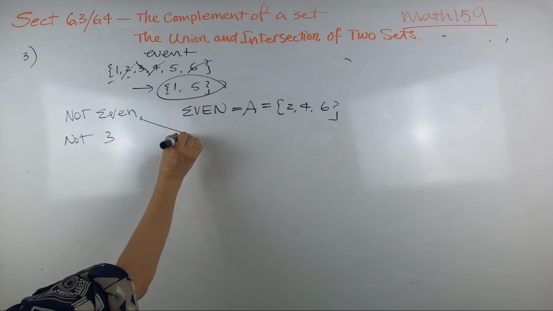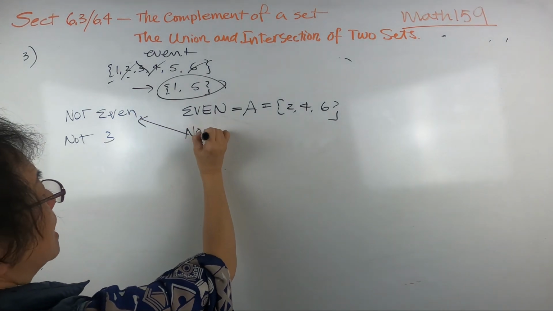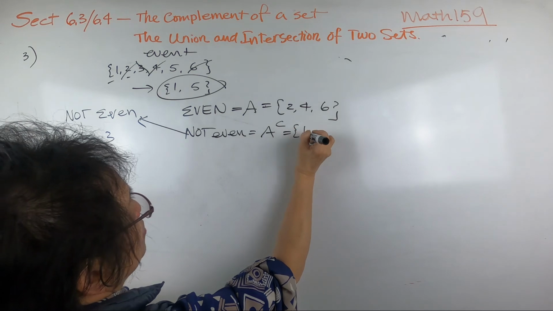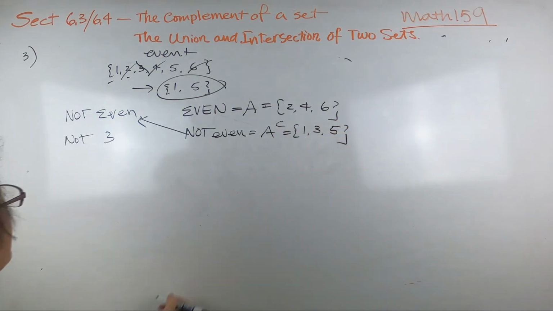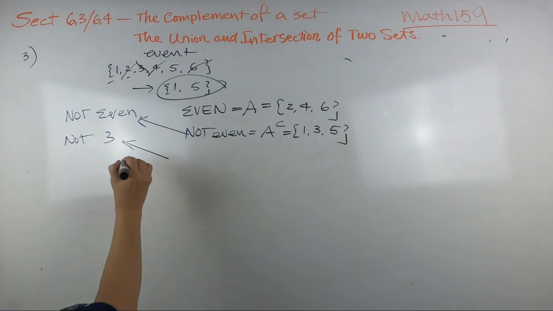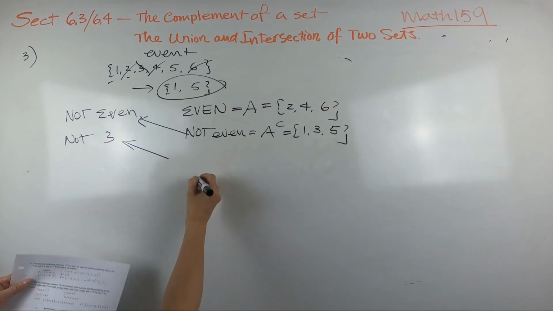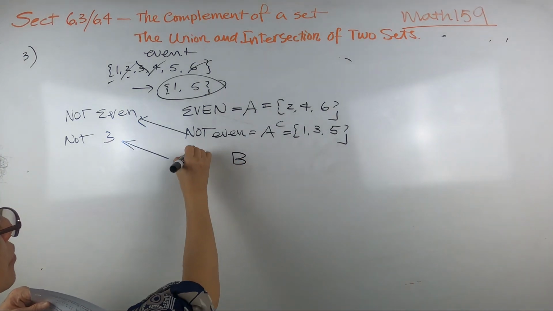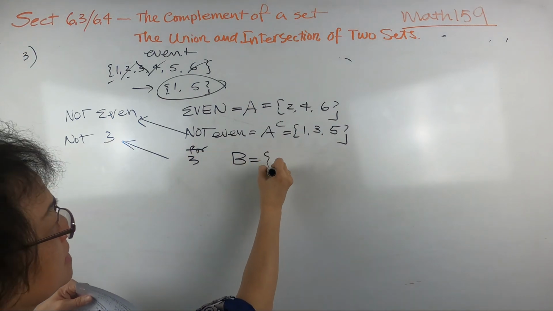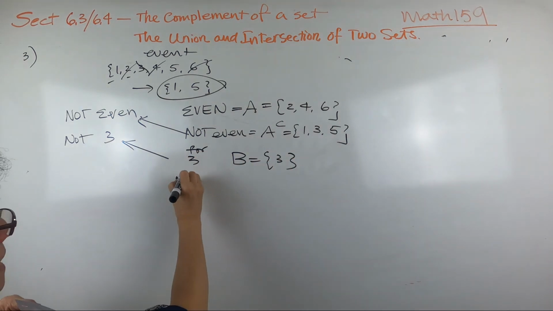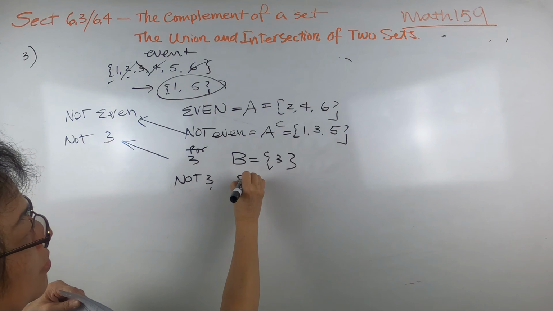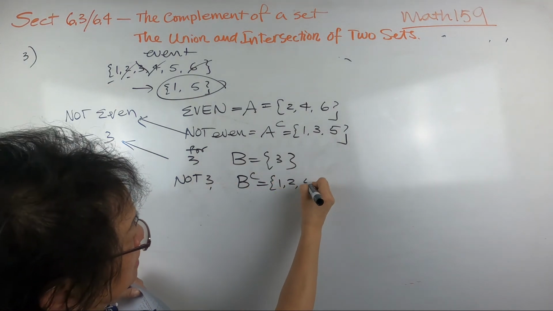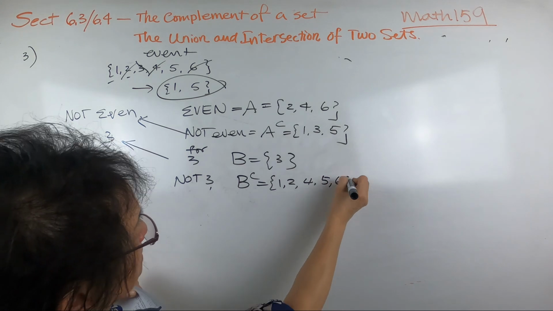And not even will be A complement, that will be 1, 3, 5. And if B is 3, so B is 3. If it's not 3, that would be B complement, which is 1, 2, 4, 5, 6.